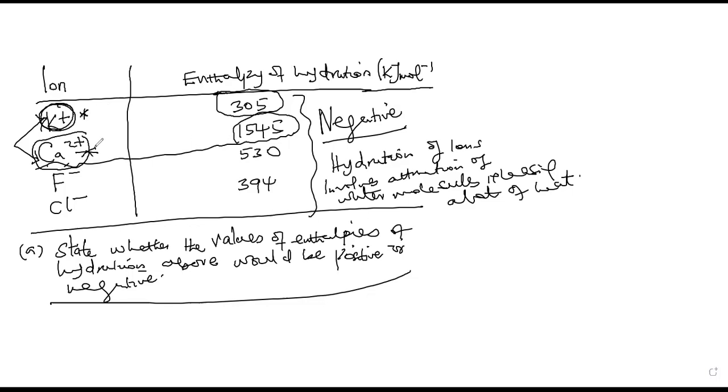But if you're relating the fluoride ion and the chloride ion, you'll talk about the fluoride ion having a smaller ionic radius than the chloride ion. Thus, the fluoride ion has a higher attraction for the water molecules, giving off a higher amount of heat.